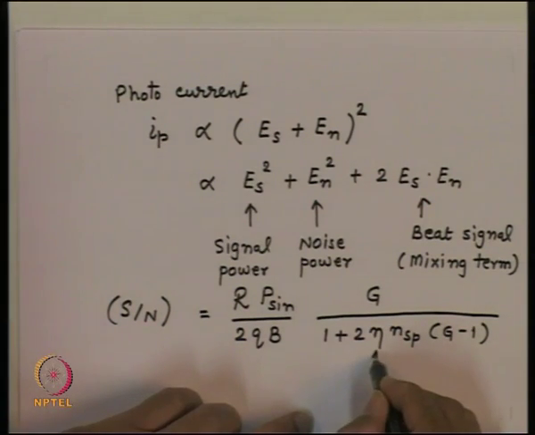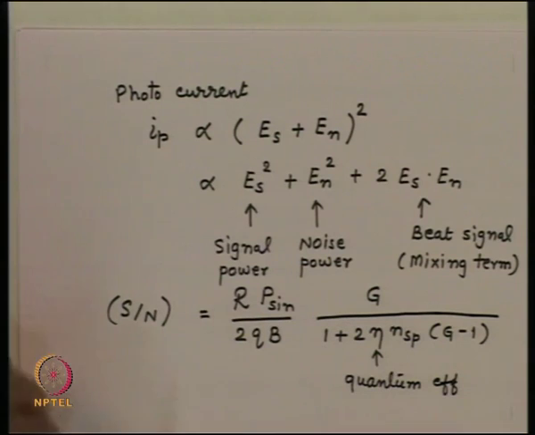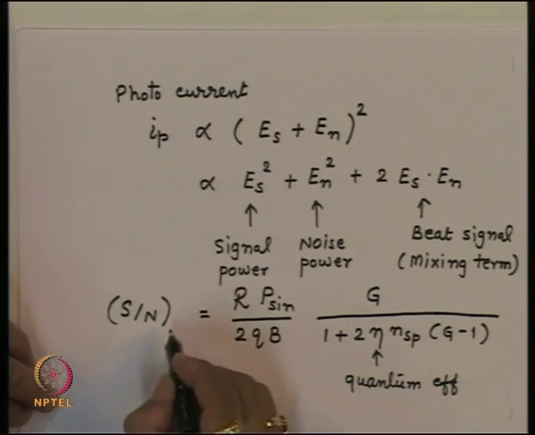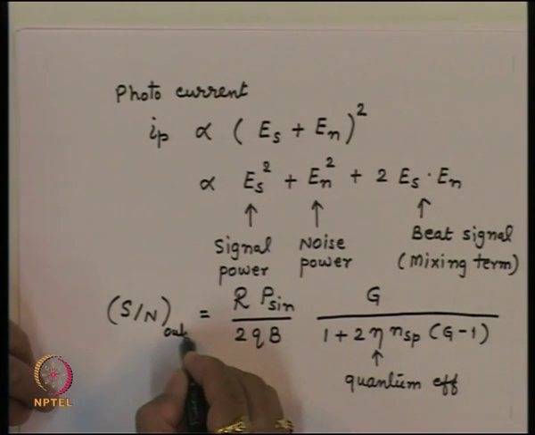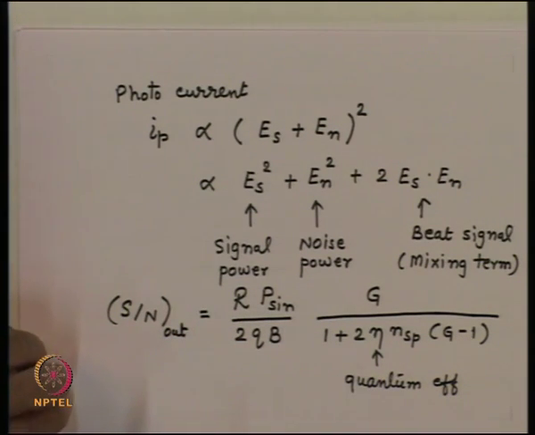This eta is the same as the quantum efficiency of the detector, and this term we already defined. So essentially I have a signal to noise ratio at the output of this amplifier which would look like that.